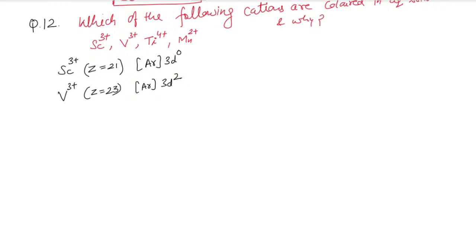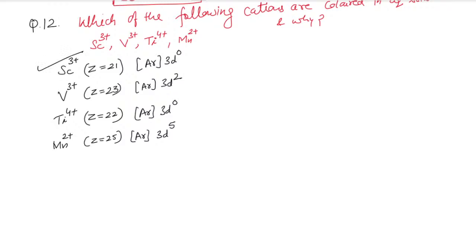Very good, Harshil. And titanium 4+, Z is 22, and it is again 3d0. And Mn2+, Z is 25, argon 3d5.